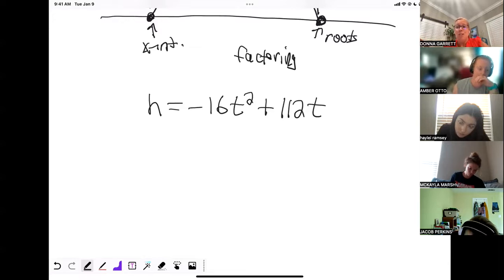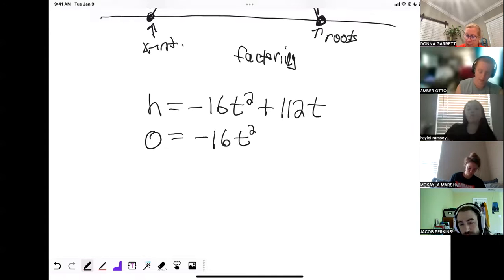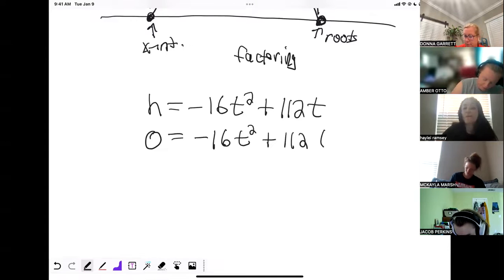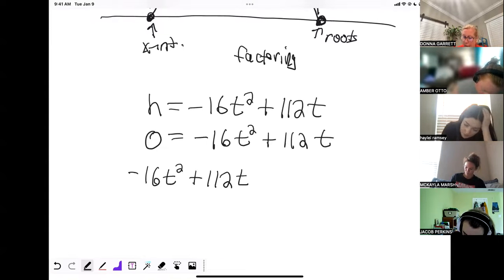It has no height. So this is going to be 0, which sets us up right for factoring and solving. Perfect. And honestly, I don't like it that way, so I'm going to turn it around. You don't have to do this.